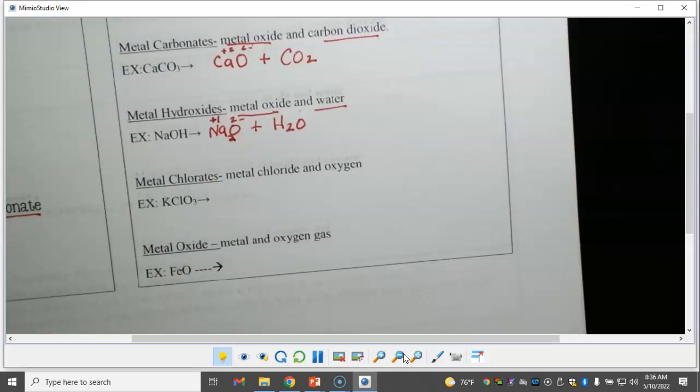Now I'm going to move over here. I always start with my anion, which is acetate. Acetates are aqueous unless they're bonded to silver. Well, this one's bonded to calcium, so it's aqueous. I'm going to put AQ right here.